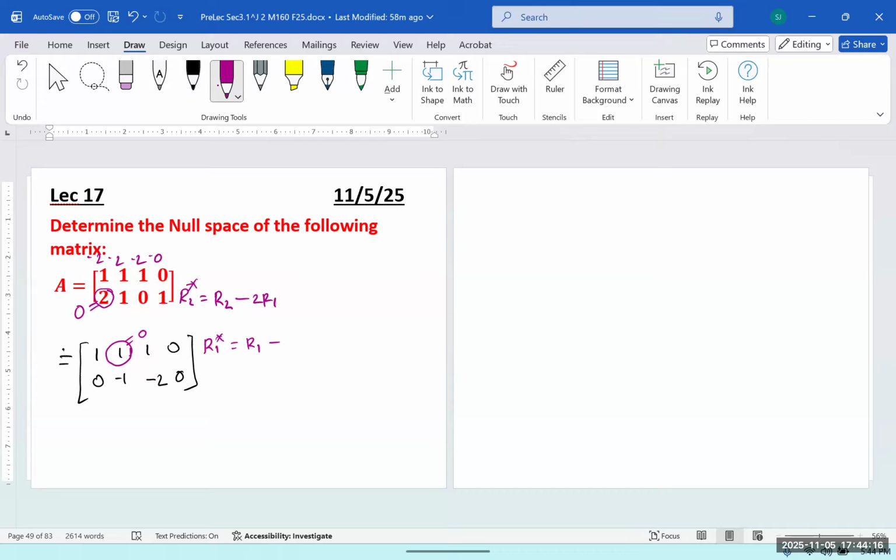Plus row 2. So the new row 1 will be 1, 0, 1 plus 0 is 1, 1 minus 1 is 0, 1 minus negative 2 is negative 1, 0 minus 0 is 0. We can divide this by negative 1 or multiply by negative 1. So we get 1, 2, 0.